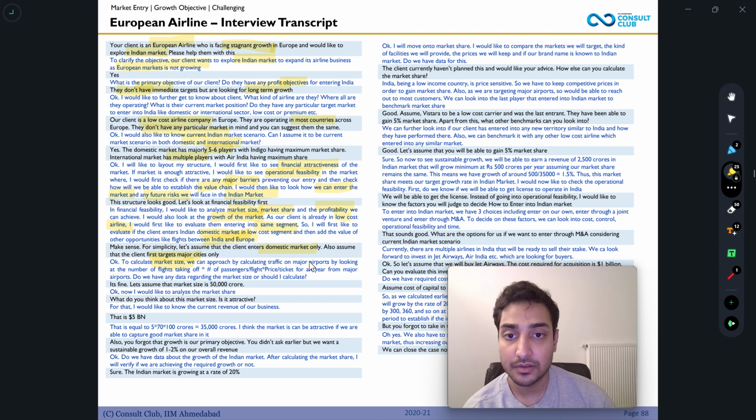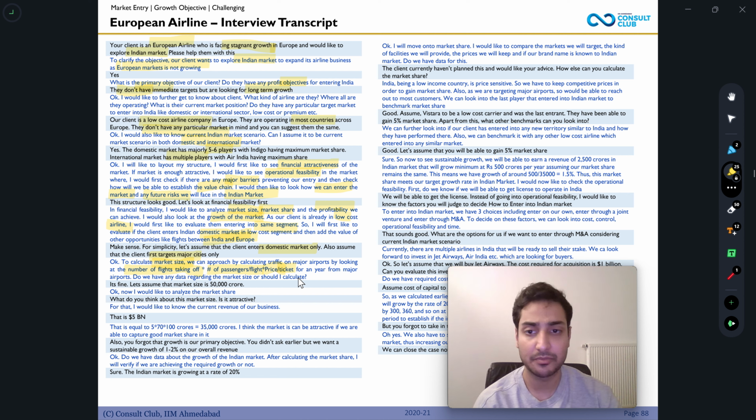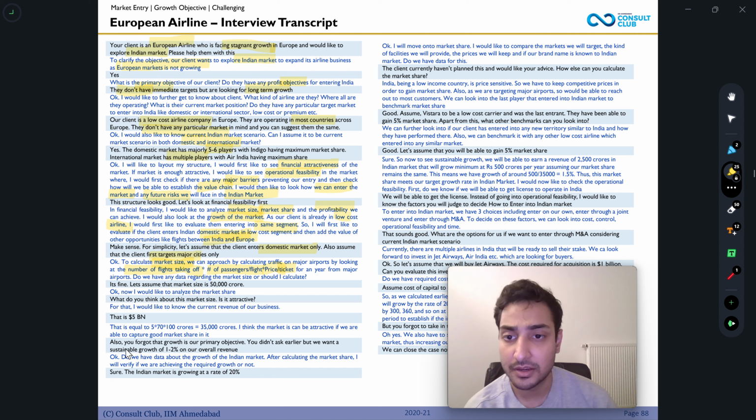That is the number of flights taking off into number of passengers per flight into price per ticket over a year from major airports. That's how you calculate the total money which can be made: total number of flights into number of passengers into price per ticket.